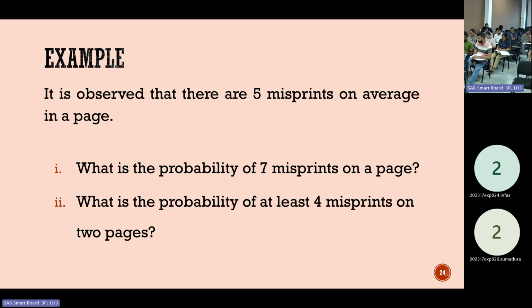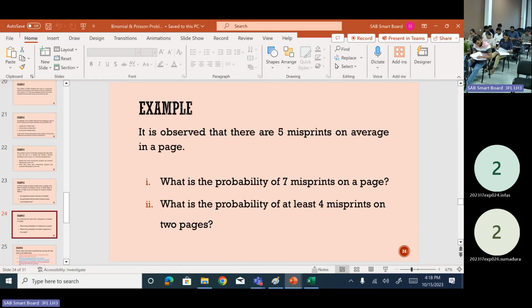Now tell me, to answer this first part, how should we define the variable? Number of misprints on a page.